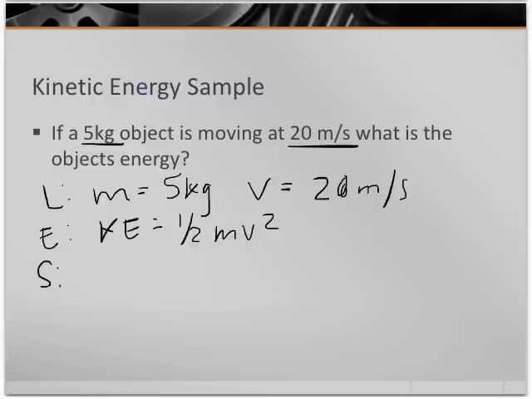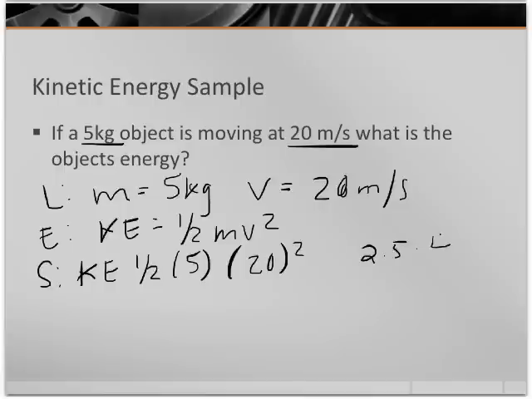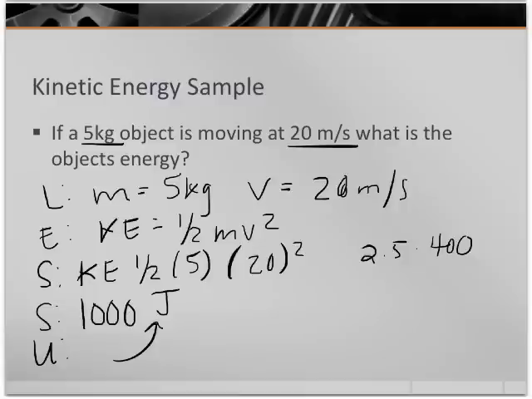So that's going to be 1/2 times 5 times 20 squared, which is also the same thing as 2.5 times 400, which is 1,000. And then kinetic energy is still energy, so your units are still going to be joules.